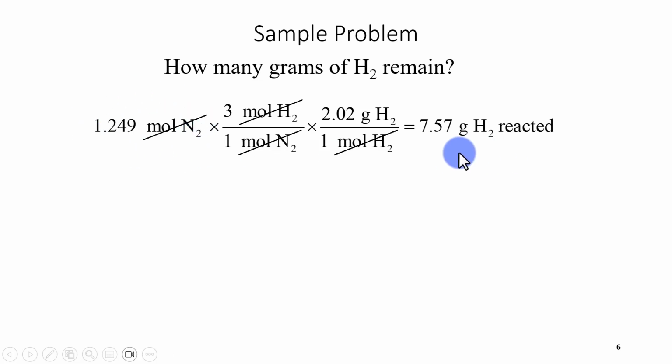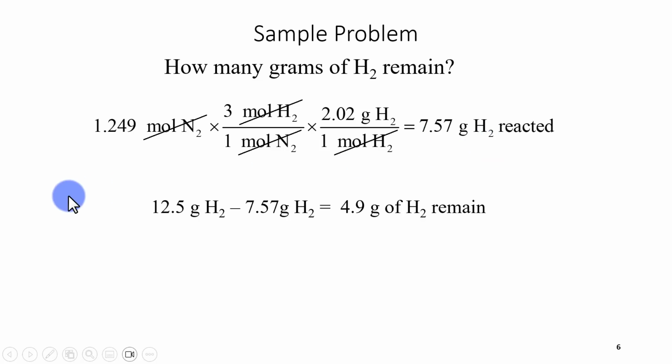Moles of hydrogen will also cancel, leaving me with 7.57 grams that are needed to react with all of the nitrogen. So 7.57 grams of hydrogen are going to react with all of the nitrogen. The nitrogen is going to run out, but 7.57 grams will be used up out of the hydrogen.